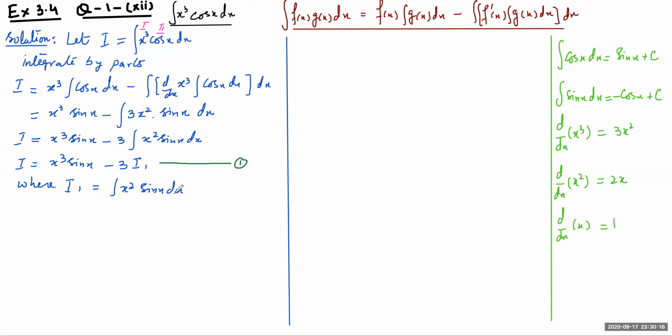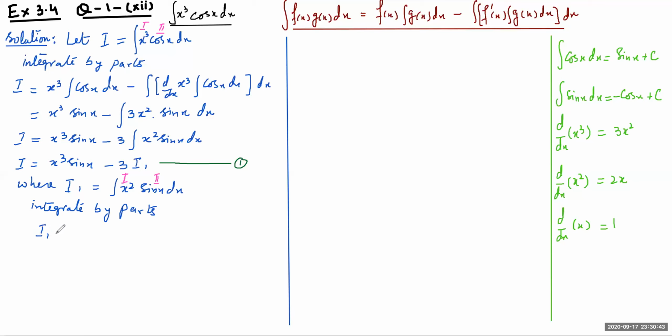Integral I1 is this. We are going to perform integration by parts again, and we will consider x square as our first function and sin x as our second function. Let's perform integration by parts again. I'm going to write integrate by parts. And what do I get?